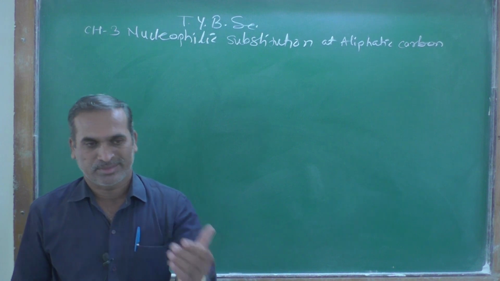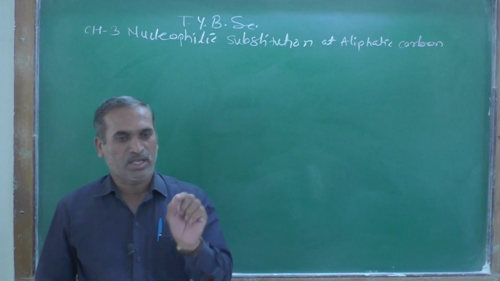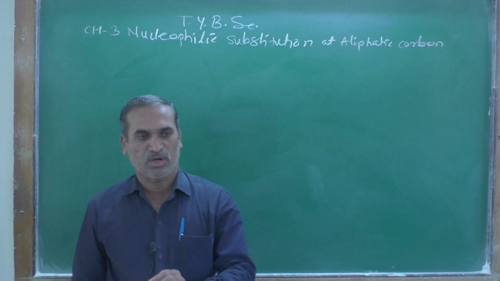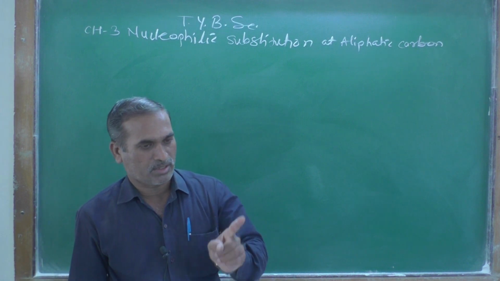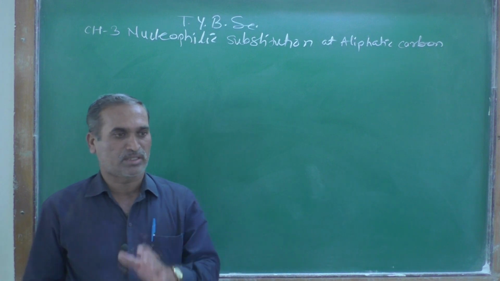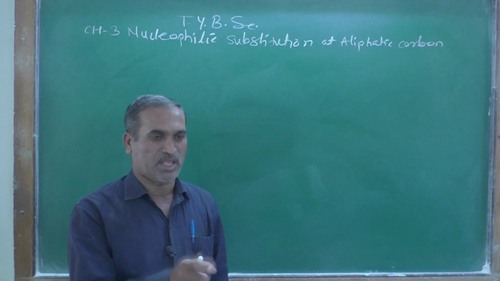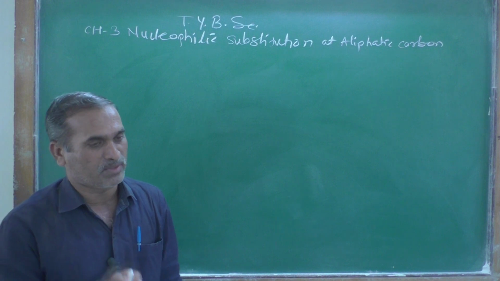In the previous lecture we discussed the energy profile diagram. What is an energy profile diagram? The graph obtained by plotting potential energy versus reaction coordinate is known as an energy profile diagram.